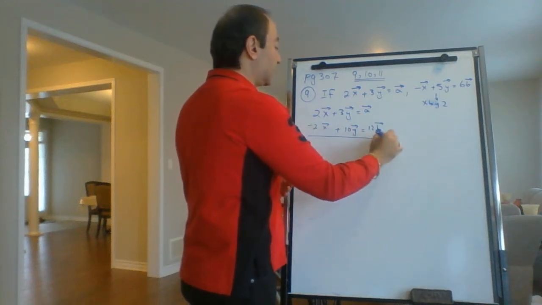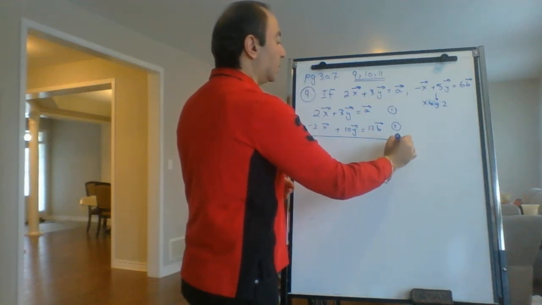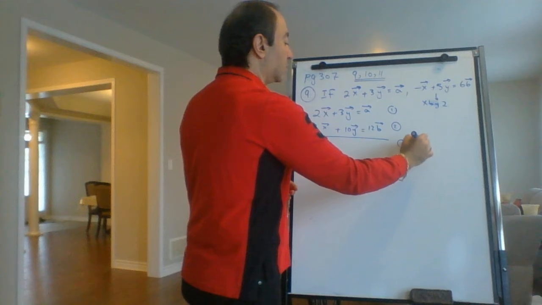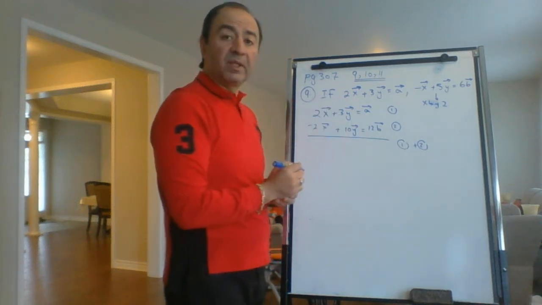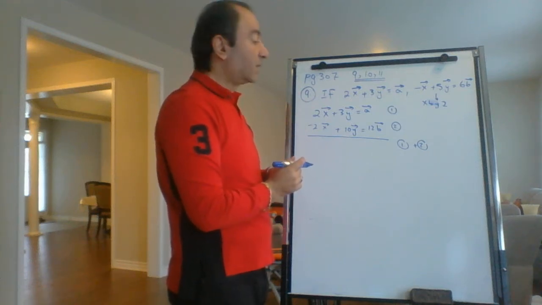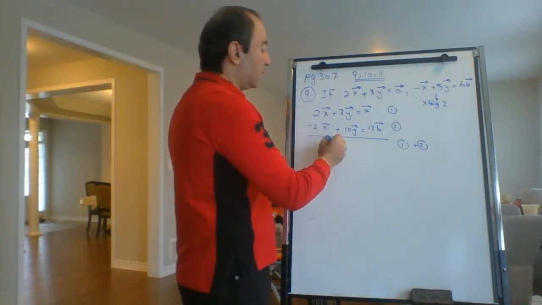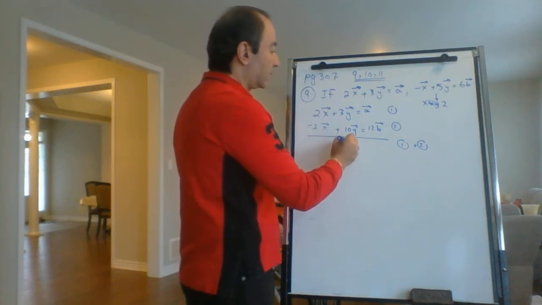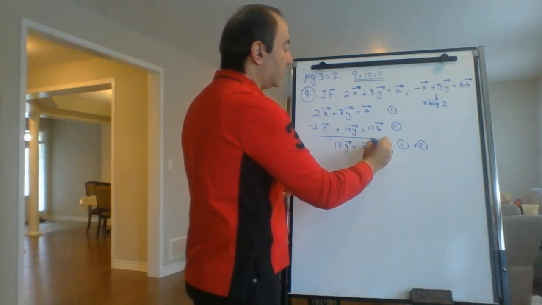This is equation 1 and this is equation 2. I will add 1 plus 2. I will get rid of vector x. This is the method of elimination we learned with equations in grade 10, but we're going to do it today with vectors. So I will have 13 vector y equal vector a plus 12 vector b.